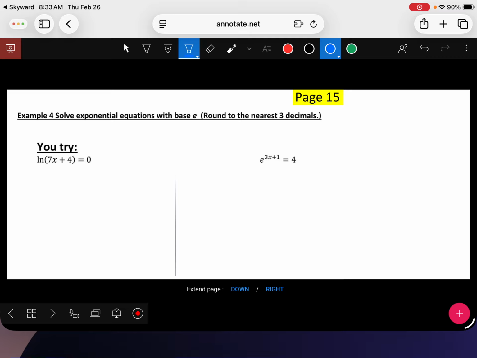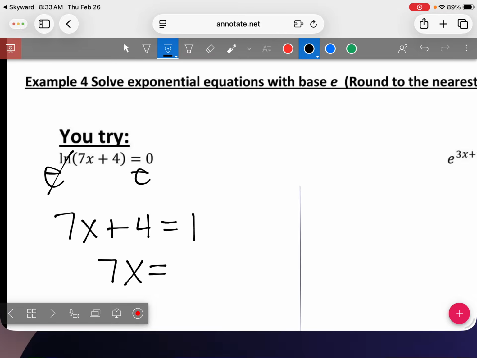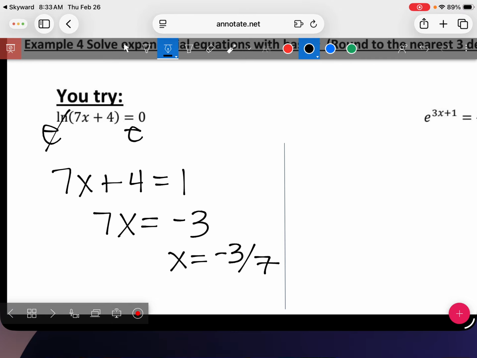All right, let's go ahead and look through these together. For the first one, the opposite of ln is e. So when you put your e in, you end up with 7x plus 4 equals 1. 7x equals negative 3. X equals negative 3 over 7. Which you could have also written as a decimal.